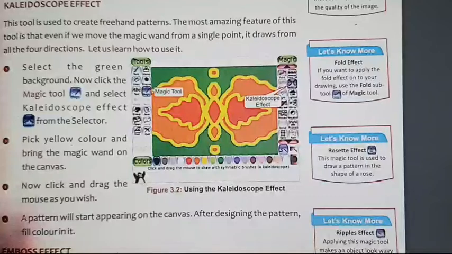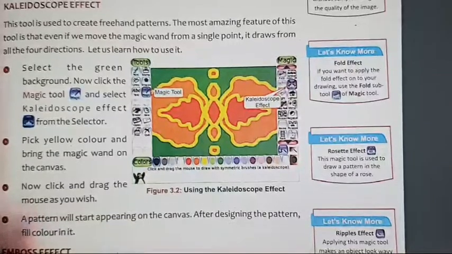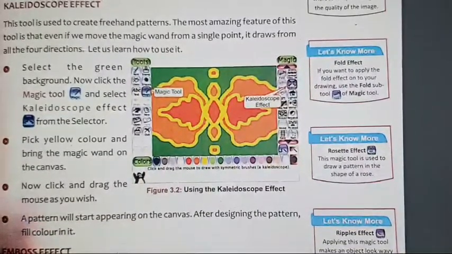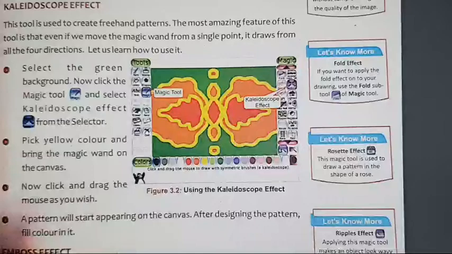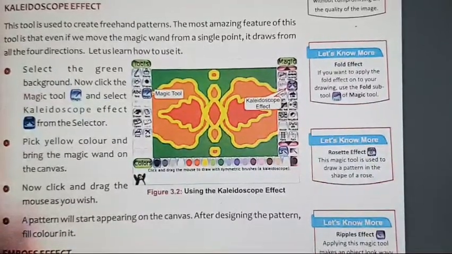Okay. Now we will see how it will draw. To do that, we are going to select a background with green color, and with yellow color we are going to draw something on our drawing area. Then select that magic tool, kaleidoscope effect. We will see how that effect will work out.